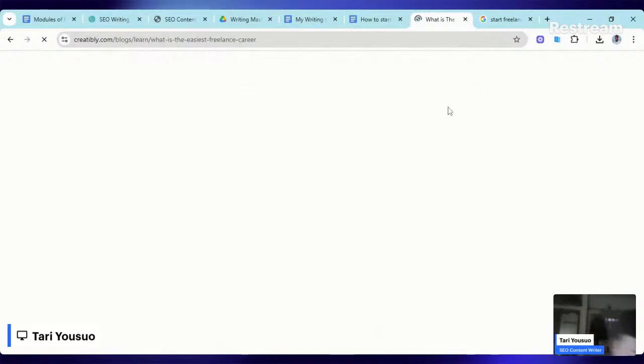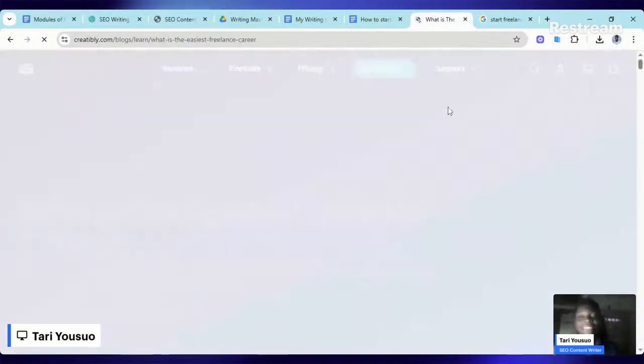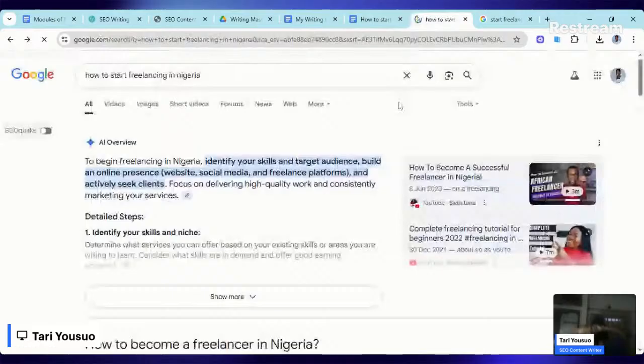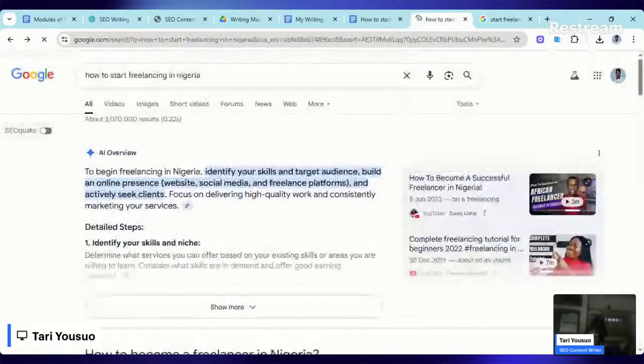Writing is actually the easiest part of SEO content writing. It is the behind the scenes work, like what I'm doing now. That's where the bulk of the work is.